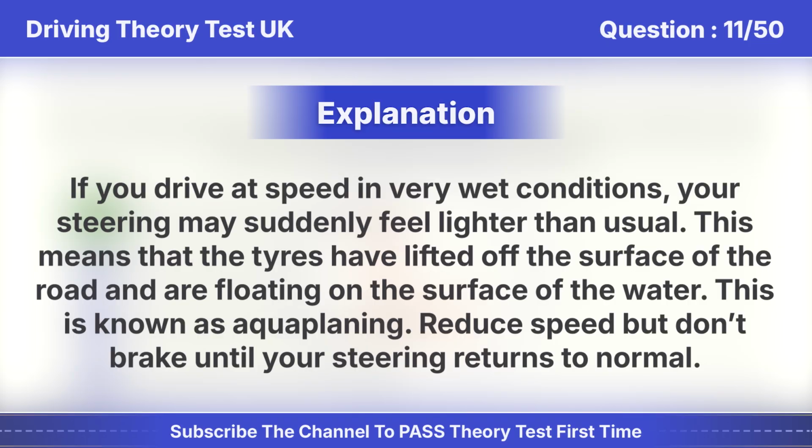If you drive at speed in very wet conditions, your steering may suddenly feel lighter than usual. This means that the tires have lifted off the surface of the road and are floating on the surface of the water. This is known as aquaplaning. Reduce speed but don't brake until your steering returns to normal.